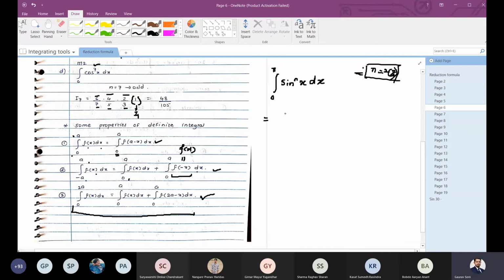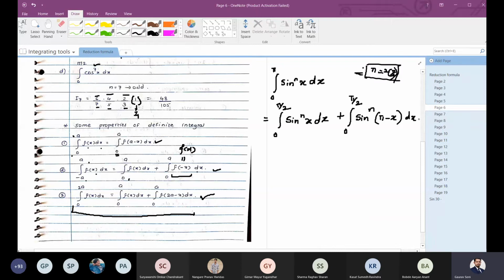So what we will have is integration 0 to pi by 2 sine raised to n of x dx plus integral 0 to pi by 2 sine of 2a minus x, where 2a is pi, so pi minus x raised to n dx.